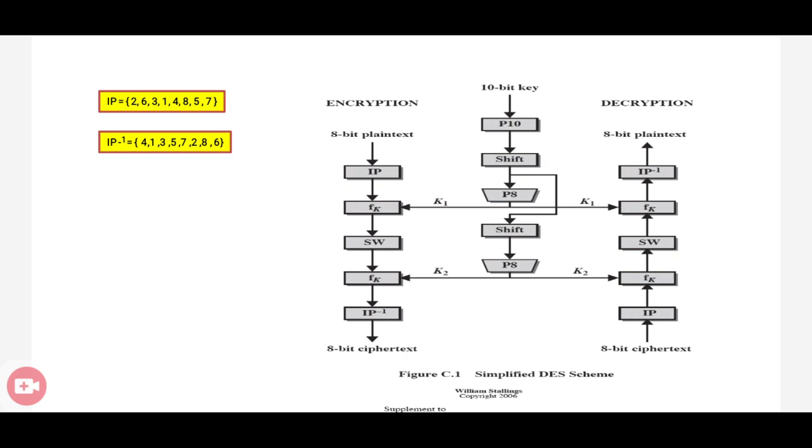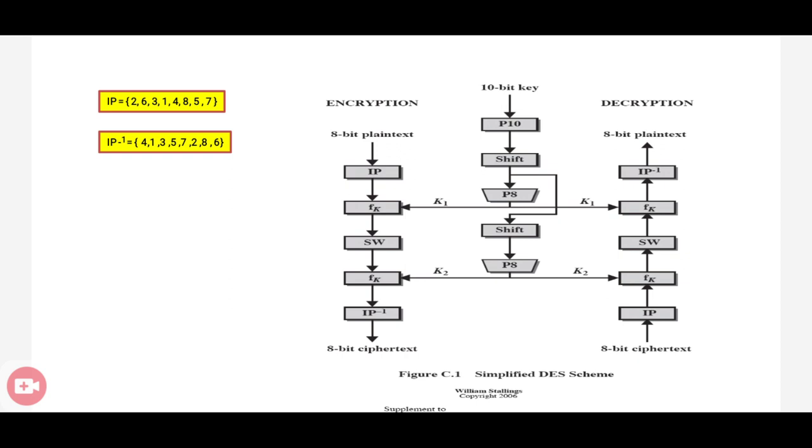The order of the initial permutation is seen in the figure, left half of the figure: IP equals 2 6 3 1 4 8 5 7. That is the order of transposition. We have 8 bits. The first bit goes to the 4th position, the second bit goes to the first position, and the third bit stays in the third place itself. That is the permutation order, the initial permutation.